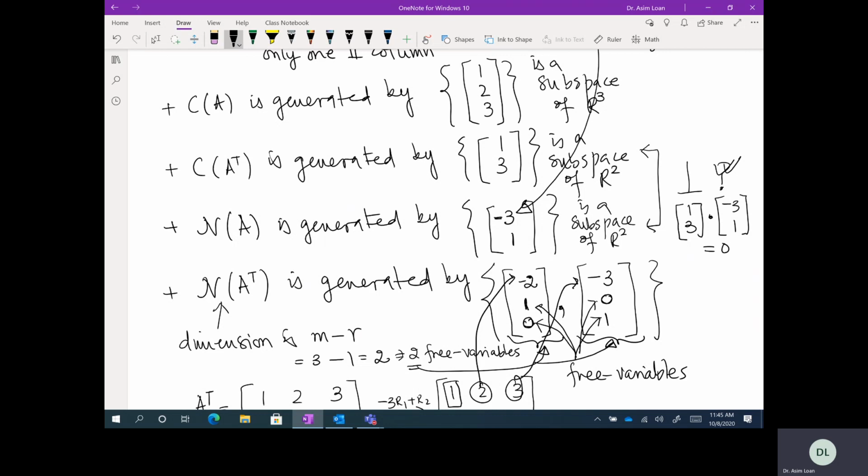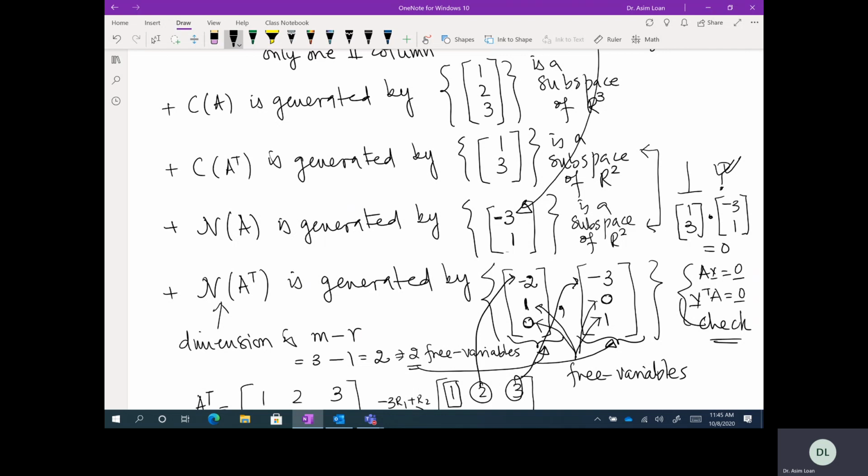And you can also check A times this vector will give you 0, and the transpose of this vector times A will also give you 0. So you should also always check your result, whether your Ax equals 0 is satisfied, or y transpose A equals 0 is satisfied. This is the check. So you should always check whether your answer is correct or not.